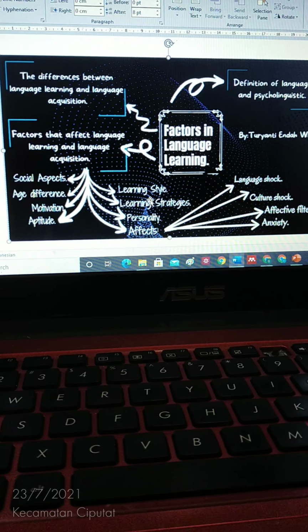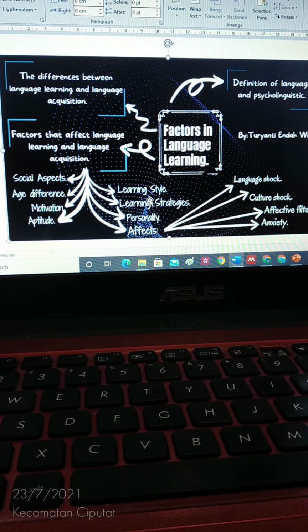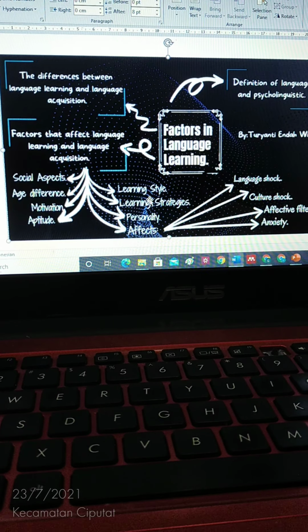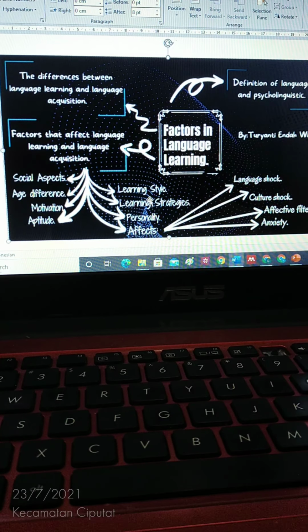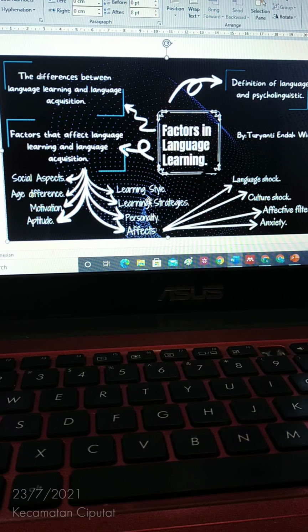Okay, so, do you understand? The affective filter is a metaphor that describes learners' attitudes that affect the relative success of second language acquisition. Negative feelings such as lack of motivation, lack of self-confidence, and learning anxiety act as filters that hinder and obstruct language learning.